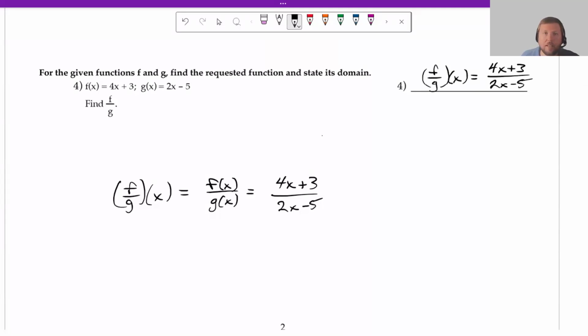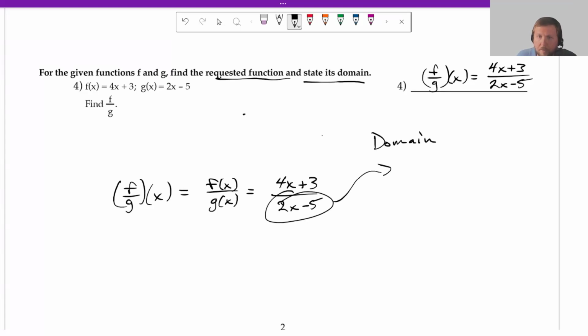tricky happens with that. But don't forget, there's two parts to this. So we found the requested function, so we've hit that. The domain. So this thing right here needs to be taken into consideration. So we need to figure out where that is equal to 0 because we don't want to divide by 0.